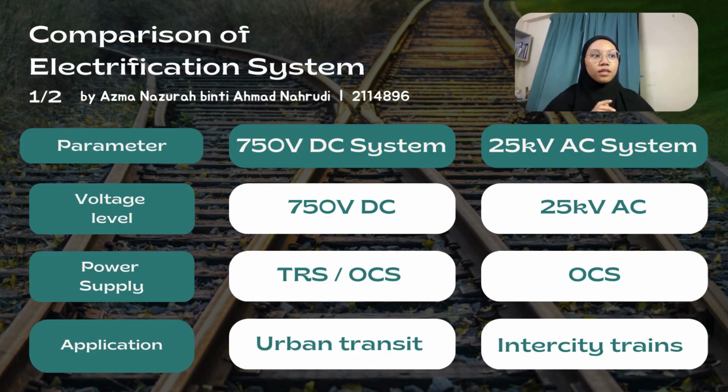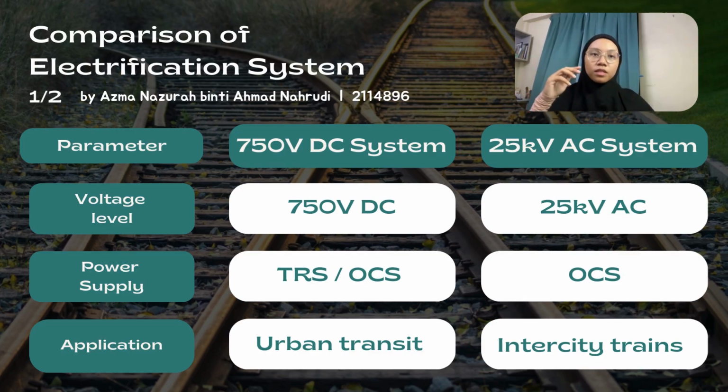So next we will look at the application. The 750 volt DC system is used in urban transit, while the 25 kV AC system is used in intercity trains. Why? In urban transit like LRT Kelana Jaya, we have 31 stations, so they are very near to each other. And why does it use 750 volt DC?